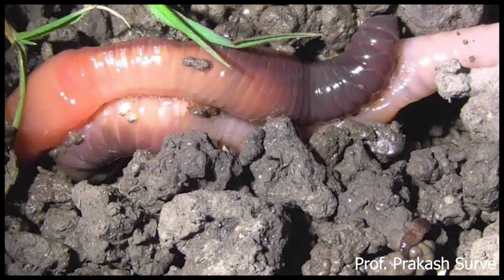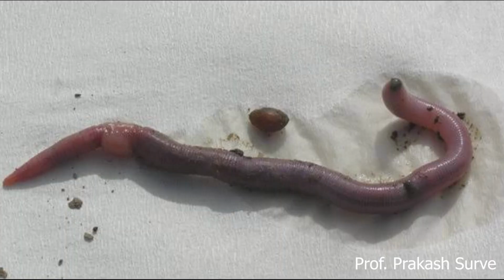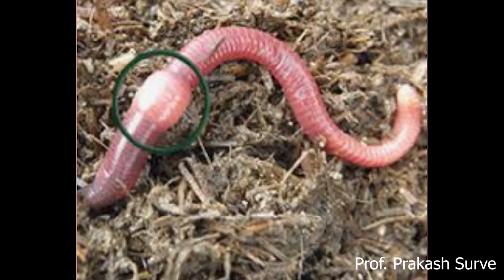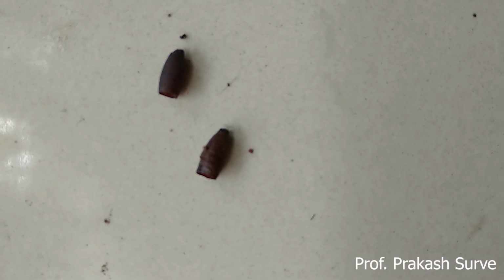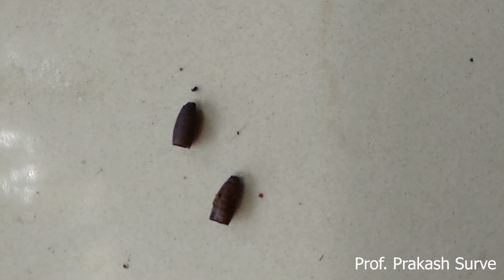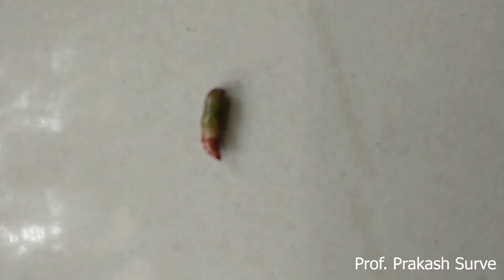Mature sperms and egg cells as well as nutritive fluid are deposited in the cocoons produced by the gland cells of the clitellum. Fertilization and development take place in the cocoons, which get deposited in the soil.